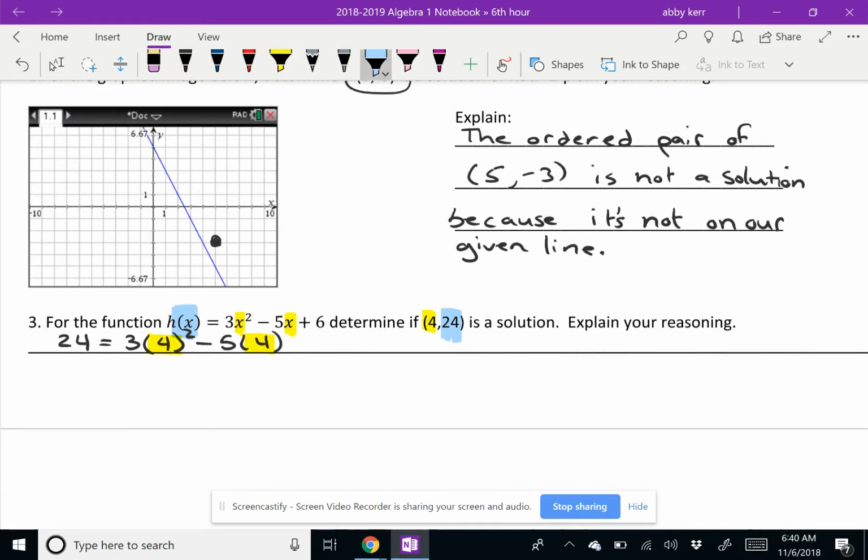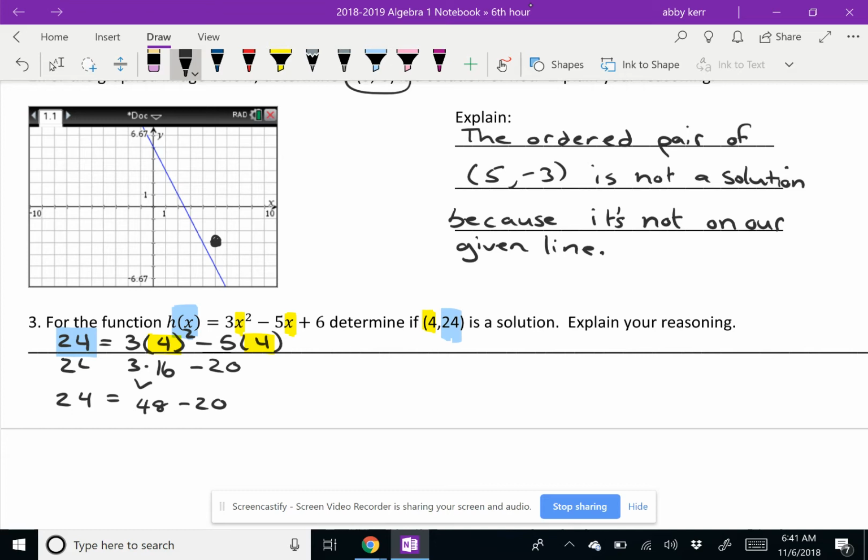Notice I plugged in the x's in both locations, plugged in the y to the left. Now 4 squared is 16. -5 times 4 is -20. 3 times 16 is 48, minus 20.